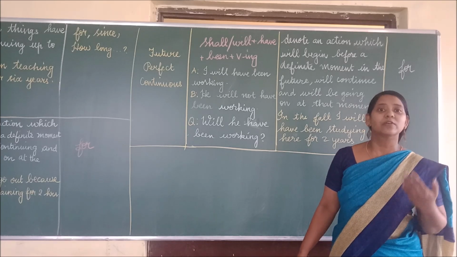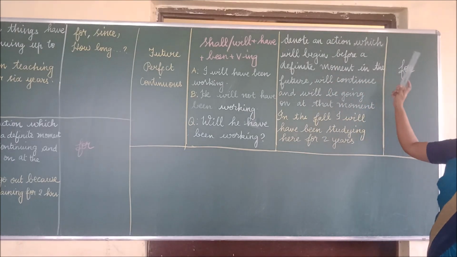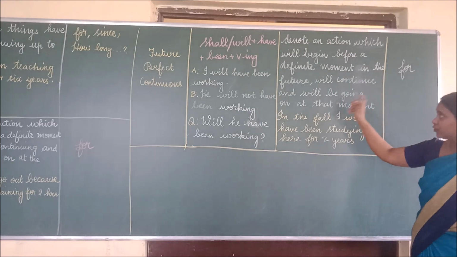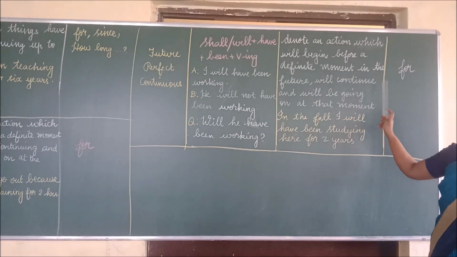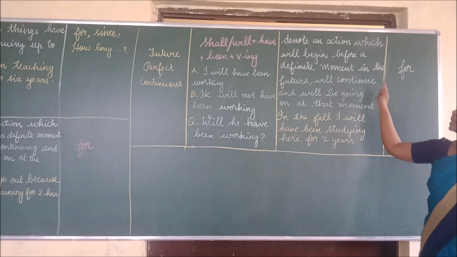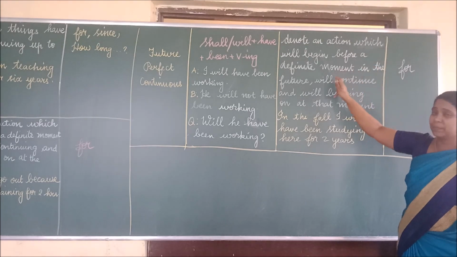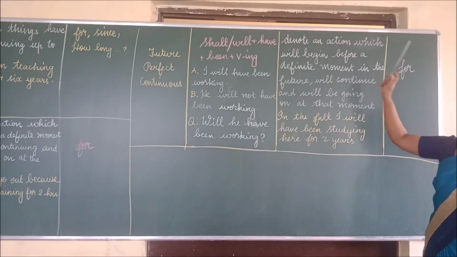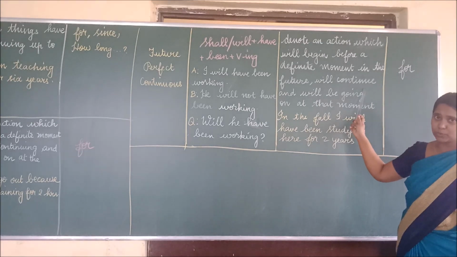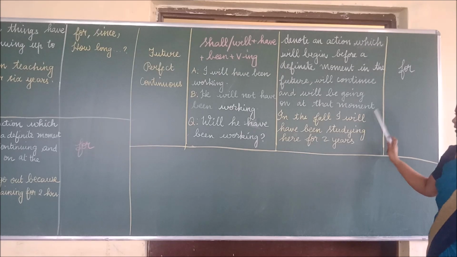When do we use future perfect continuous tense? To denote an action which will begin before a definite moment in the future, will continue and will be going on at that moment.